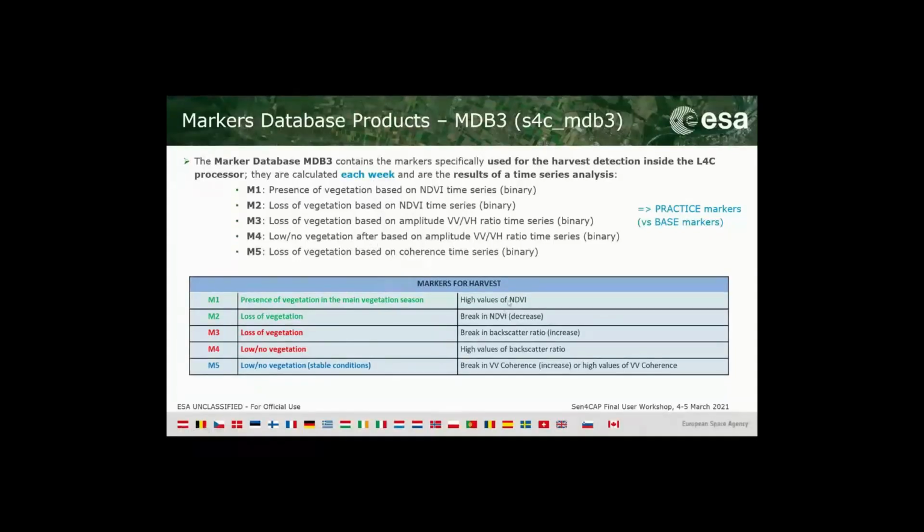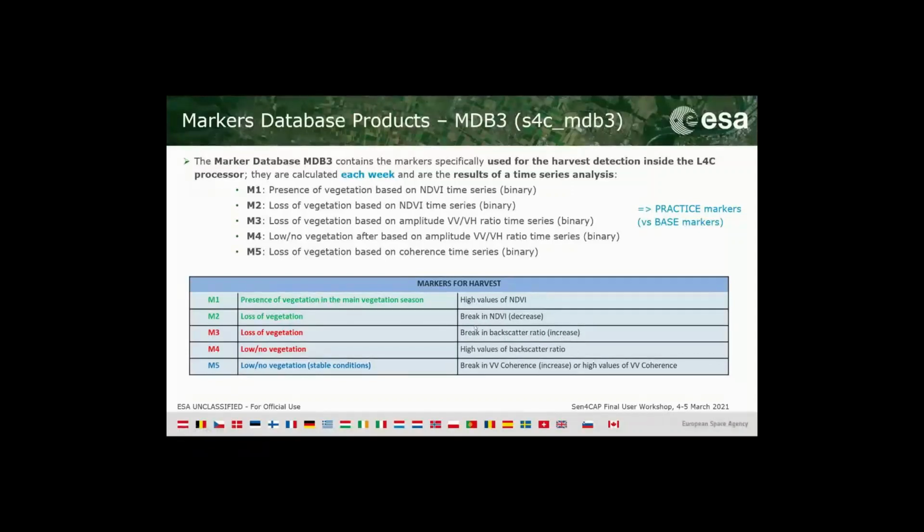So the first two are related to the NDVI. So are there high values of NDVI, which is a sign of the presence of vegetation on the ground? Or is there a break this week in the NDVI, which is a sign of a loss of vegetation? Then there are two markers related to the backscatter ratio.